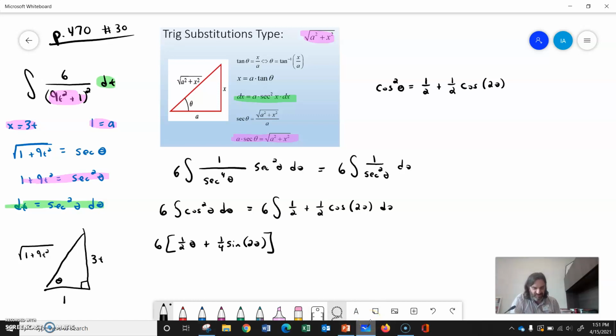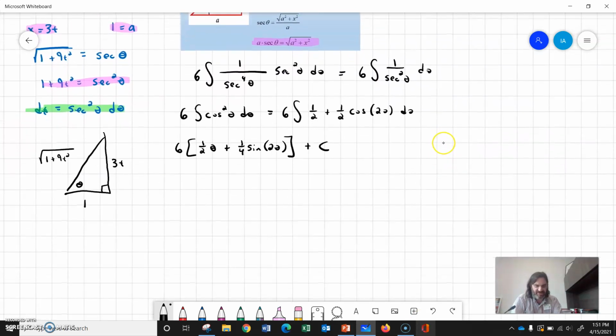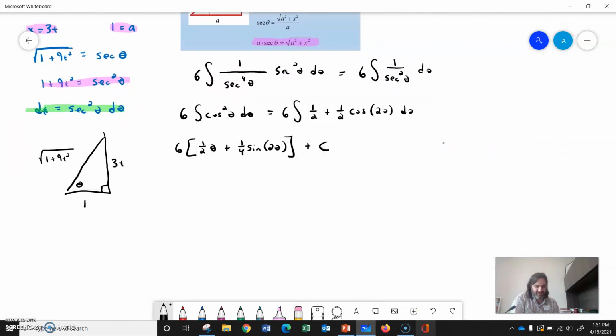So we have that, and there's a plus c too. Let's clean up this part first. 6 times 1/2 will give us 3 theta, and then 6 times 1/4 will give me plus 3/2.